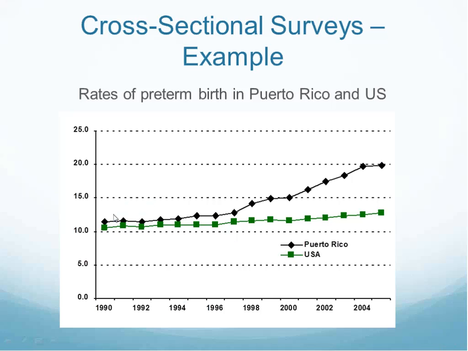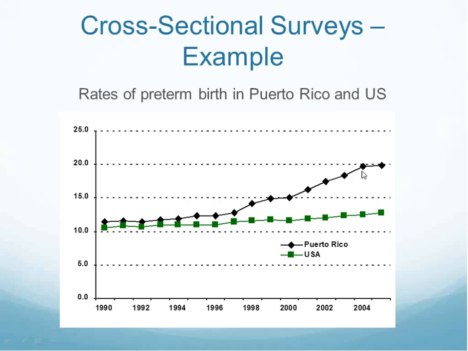On the other hand, you can compare different populations. Say you only had data from 1990, you can say, okay, Puerto Rico and the US were virtually the same in that year. However, if you have data from 2005, Puerto Rico's at about 20%, US is about 12%. They're going up over the years in both cases, but for some reason, it's a much greater increase in Puerto Rico.